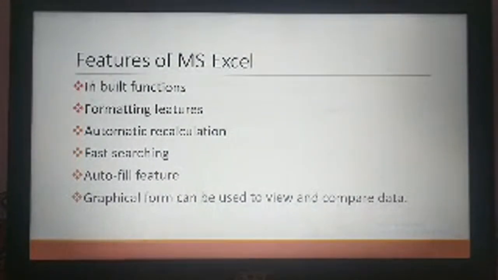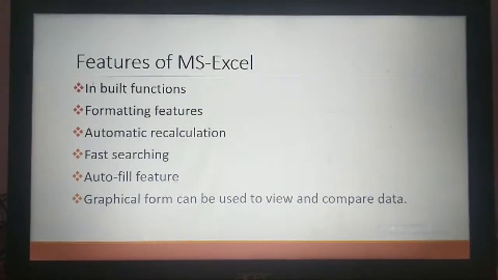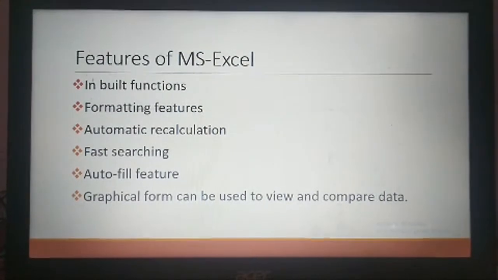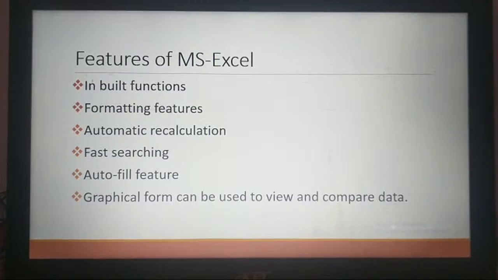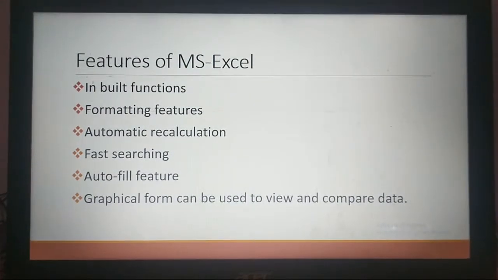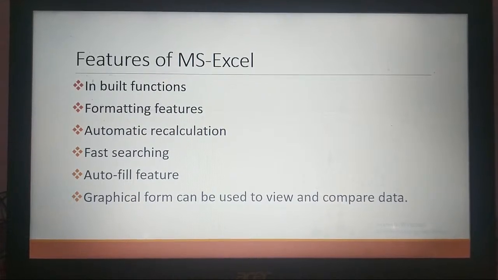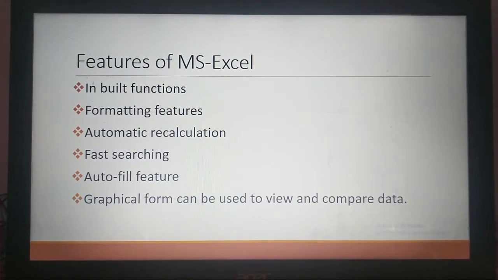These data you can also convert into graphical form. Graphical form means you can use charts. Various charts are available that will help you analyze the data in a much better, easier and faster way than your normal data. So this way we can use MS Excel for graphical representation of data.